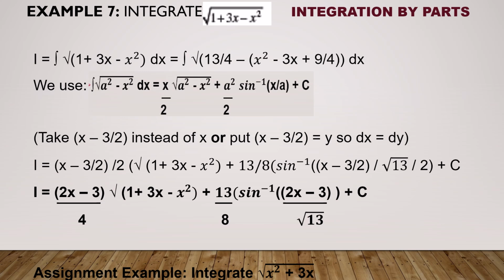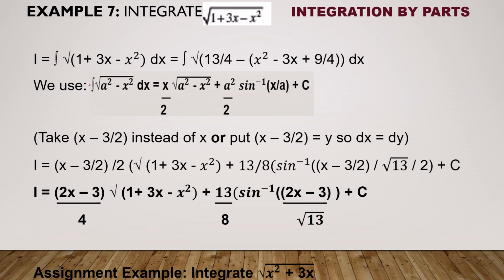Next example is integrate root of 1 plus 3x minus x square. Whenever you have these types of problems, first of all make a perfect square and then add or subtract the remaining terms. So you have 1 plus 3x minus x square. Over here I cannot change x square or 3x, so I keep them as they are, but the last term, to make it a perfect square, I can add and subtract.